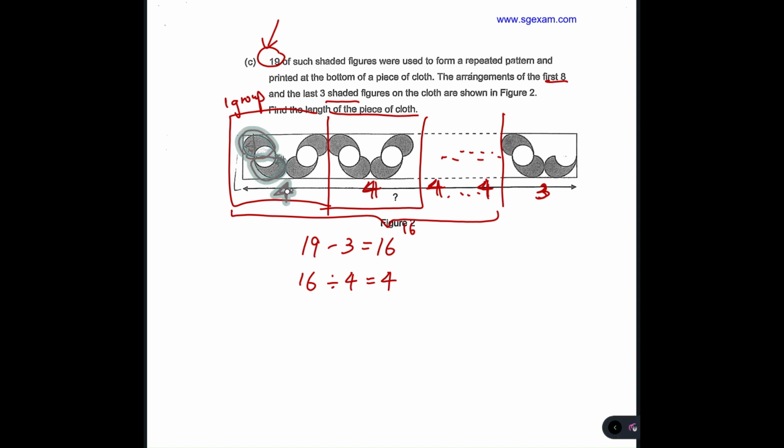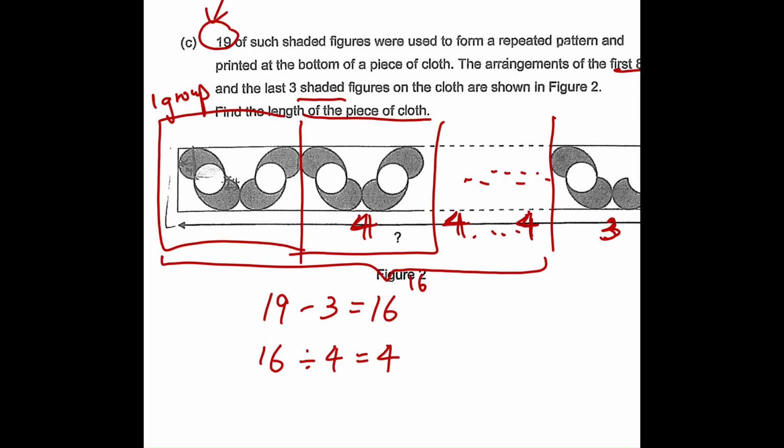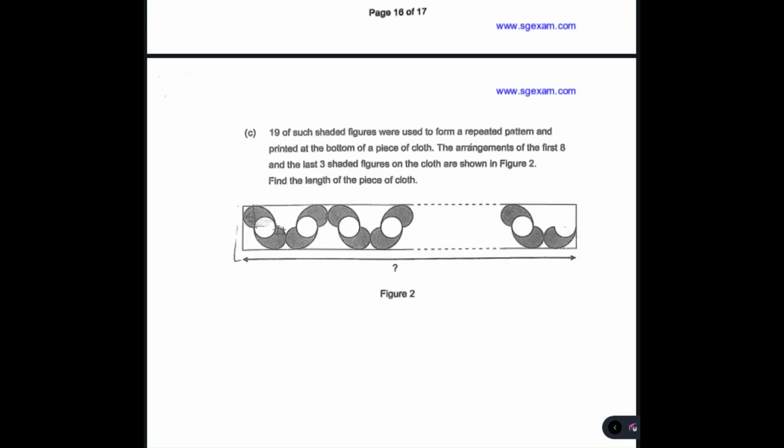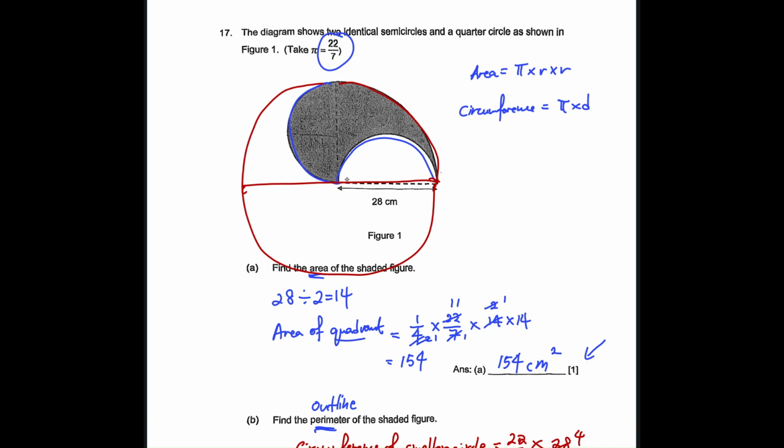Let's zoom into one group. They want to find the length, so we need to know each stretch from here to here. Let's go back and take a look. This portion here is 28, whereas this portion here is 14.